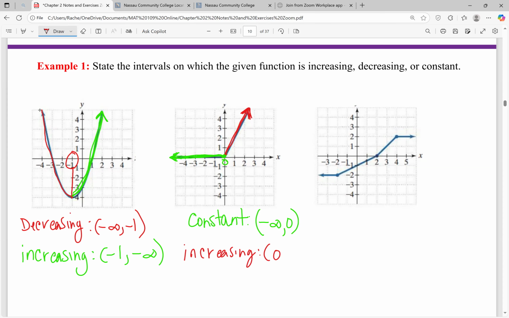And then for the other points, since they are part of this equation, we're going to do (0, -2), I have (1, -1), and I have (2, 0). Now I'm going to connect these points.